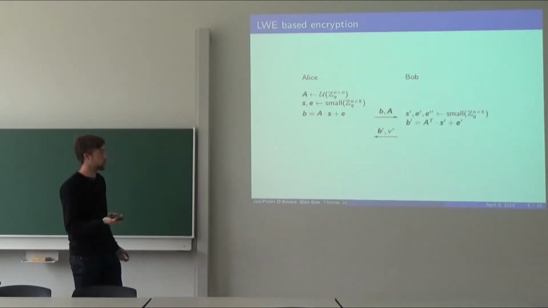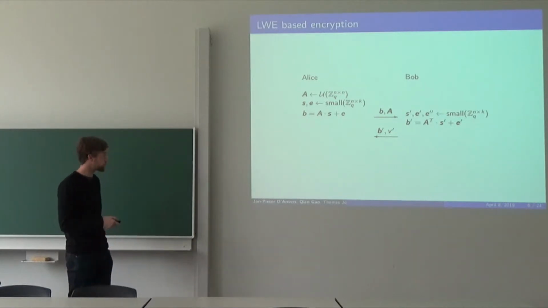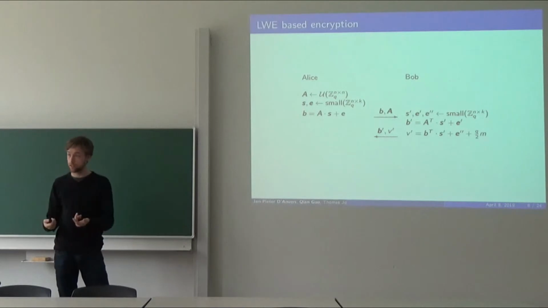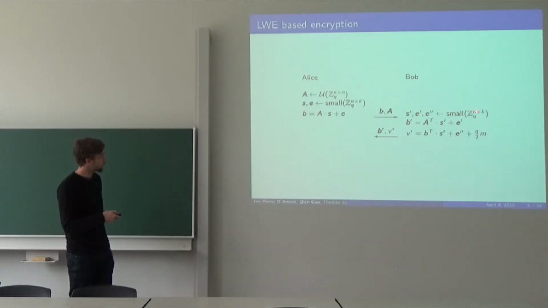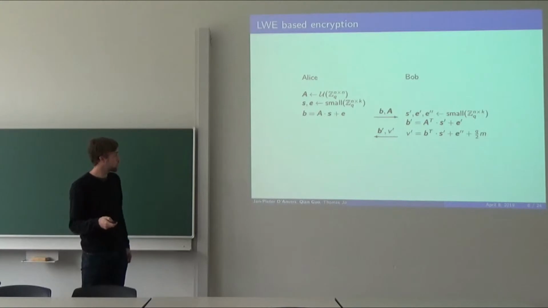Bob does just the same thing at the other side, the only difference being that he uses A transpose. The second thing he does is make a second LWE sample, but now with B as the uniformly random matrix, and he adds the message here. Now he sends these two samples over.